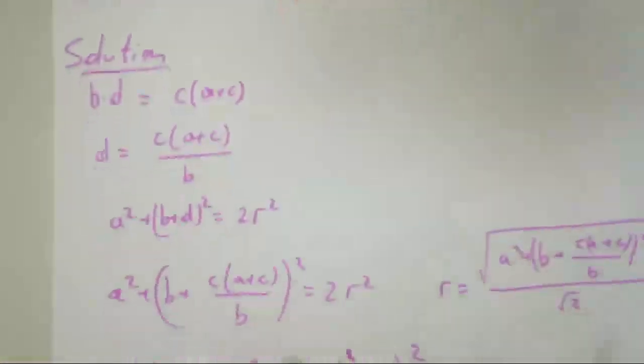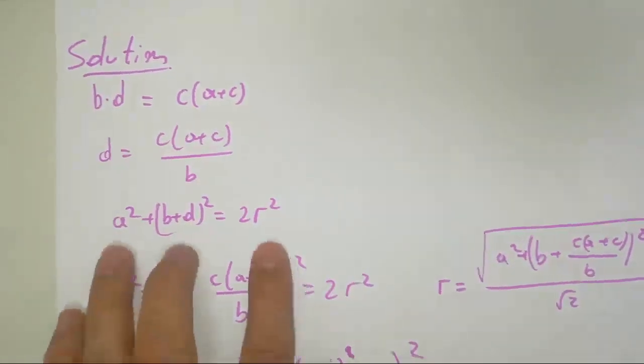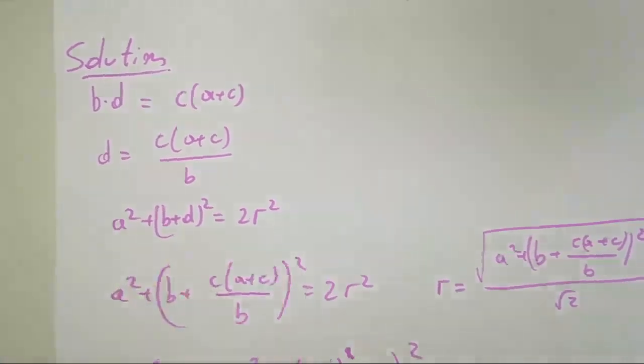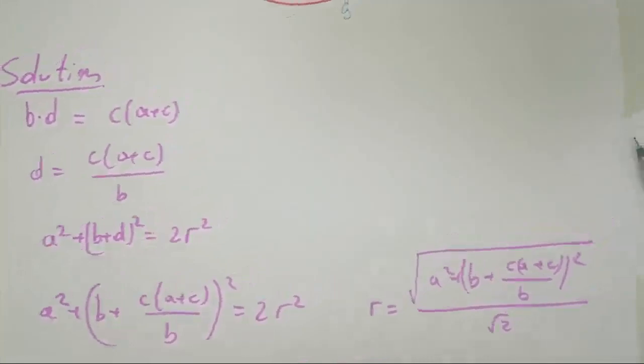So we apply the Pythagorean theorem and we got this equation. Now we need to express here R in terms of A, B, and C. Because it's the center of the circle.